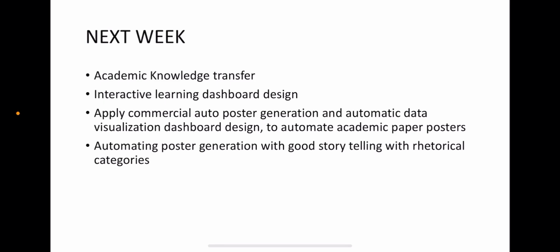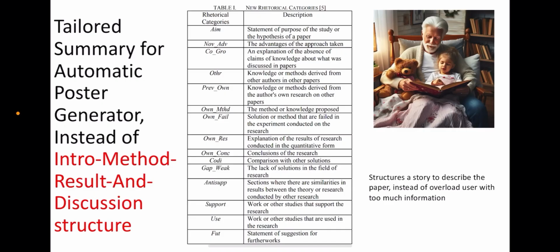I also want to make sure to straighten out the logic of automating poster generation with good storytelling using those rhetorical categories, because I find this very interesting. It is not using an old structure of what should be there, but is more about what the logic is.